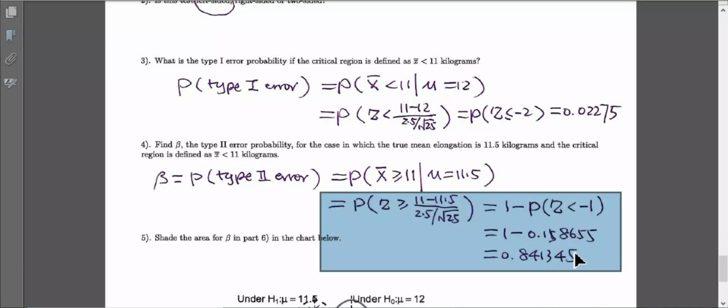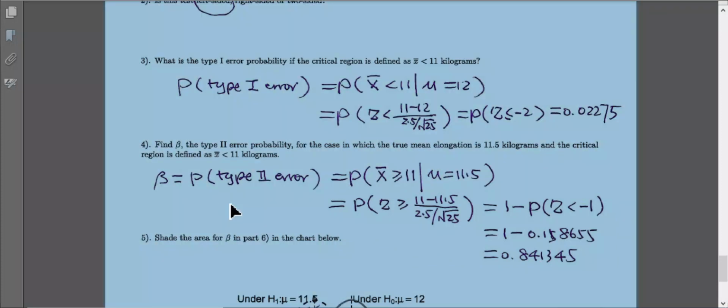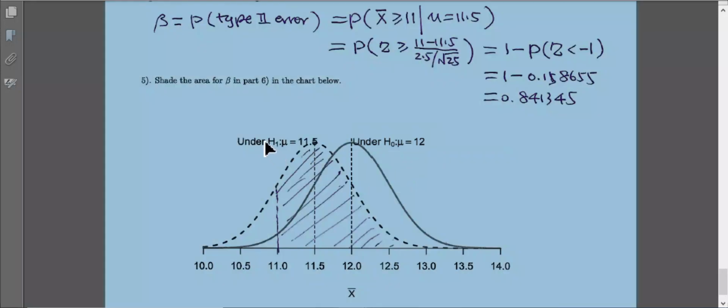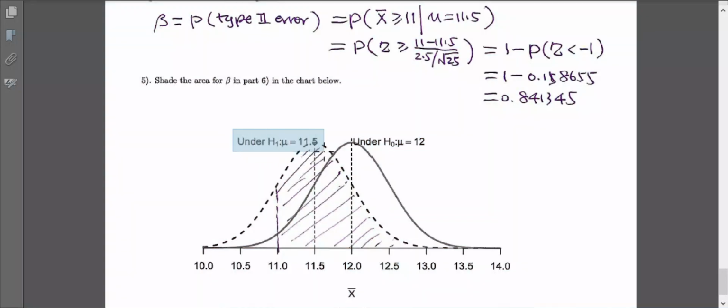Okay. Yes, we spent a lot of time on how to define the type 2 error, how to figure out the probability for type 2 error, and also how to represent the type 2 error in the chart. You can see right here, we have two normal curves. The first one on the right is the null hypothesis, H naught. And the second one on the left, the dashed curve, is under the H1 alternative.